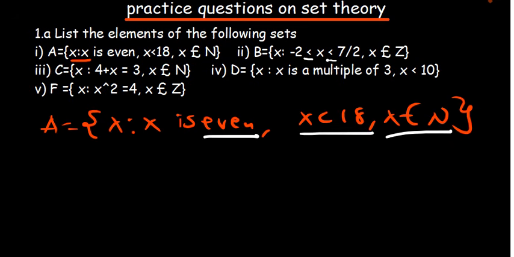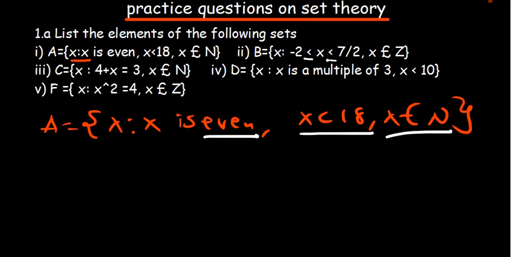In short, set A is made up of even numbers that are less than 18 and are part of natural numbers. Natural numbers start from 1 going up.